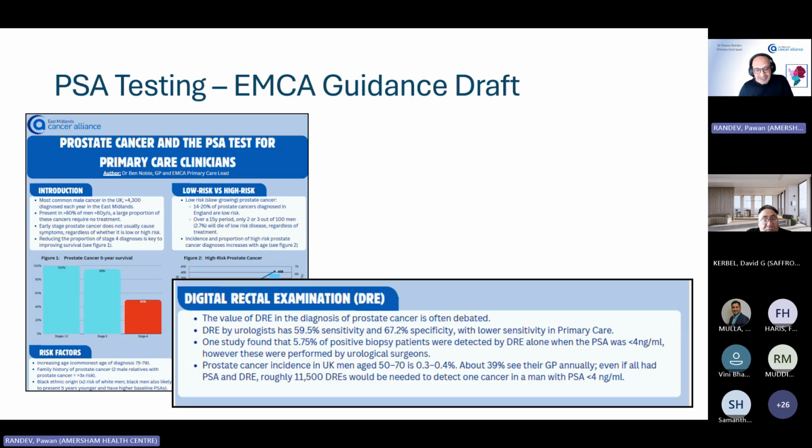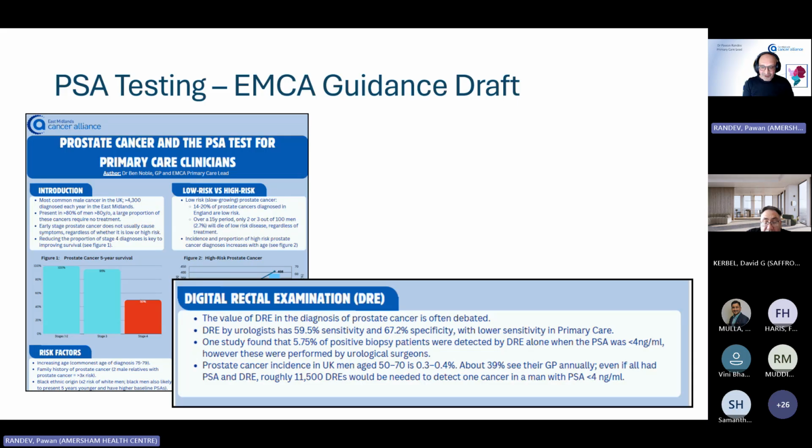When you look at black men in particular, who are at higher risk of developing prostate cancer, culturally having a DRE, or having the folklore from other men about how painful the DRE might be, actually deters men, which then means that potentially if they come to see you, they may well end up at a later stage of diagnosis.